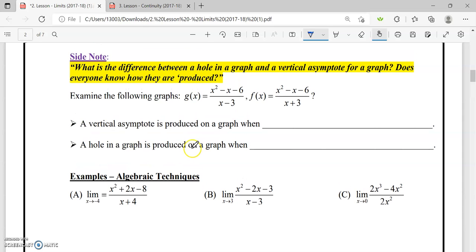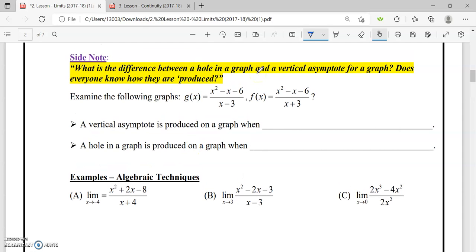in one video. So side note, the difference between a hole in a graph and a vertical asymptote is produced when you have, you can look at the notes to get all the written out parts, but if I factor out x squared minus x minus 6, what I get is x minus 3 and x plus 2.